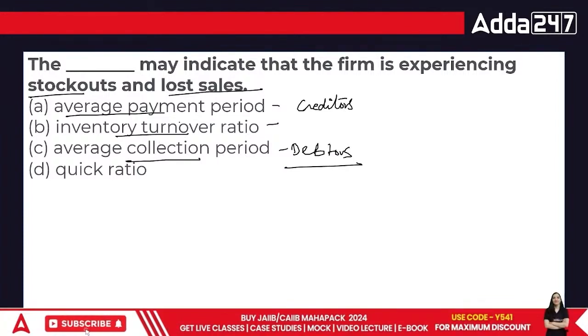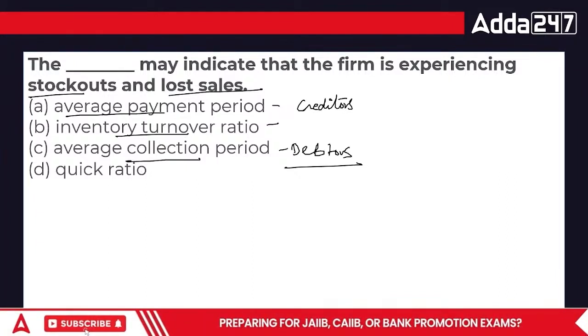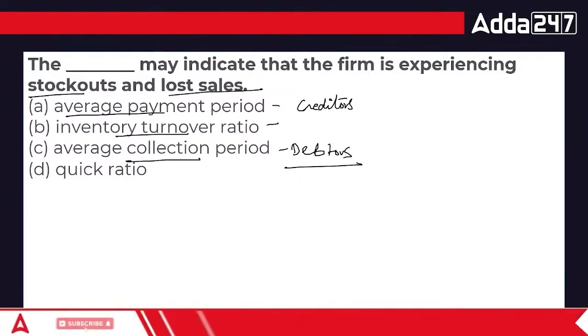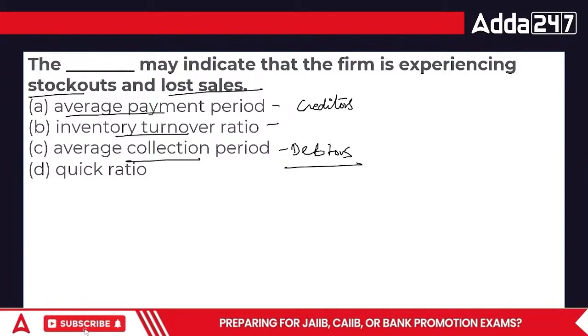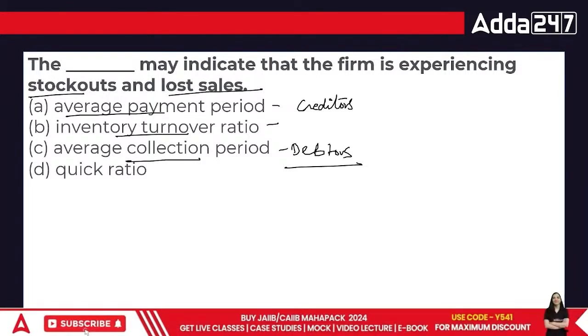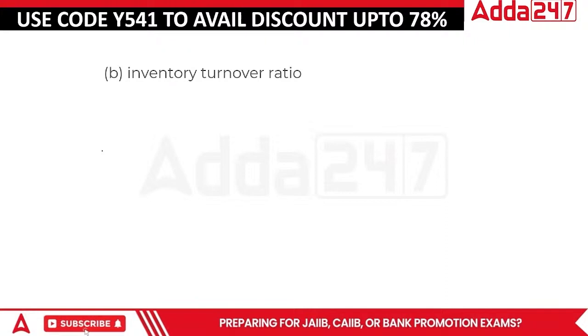Inventory turnover ratio is about the movement of inventory. If we have a lot of movement in inventory and it is stocking out, then it means that our inventory is being sold at a very high pace and we are falling short in predicting the future of our product. Stockouts will create a negative point for the organization, because whenever you go there, things are always out of stock, which is not good.